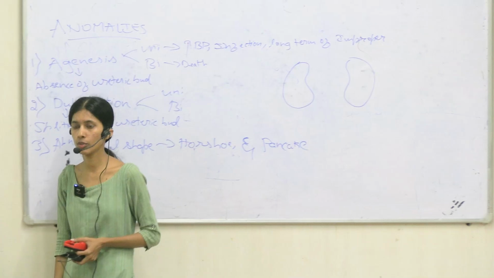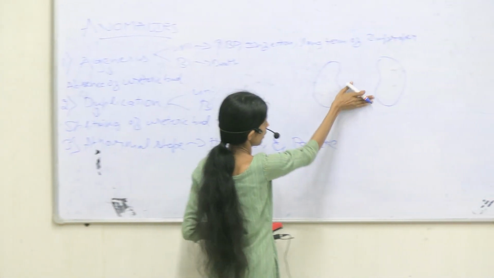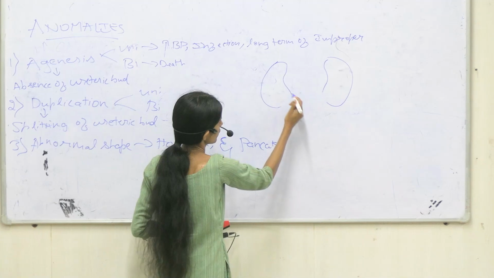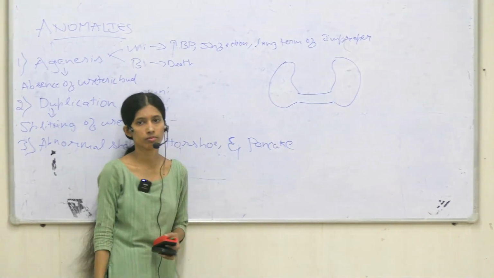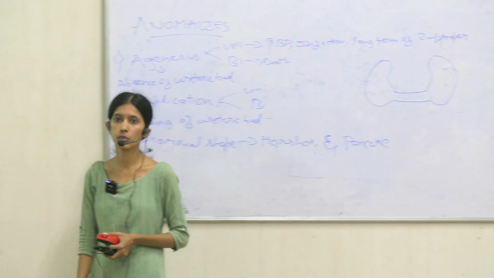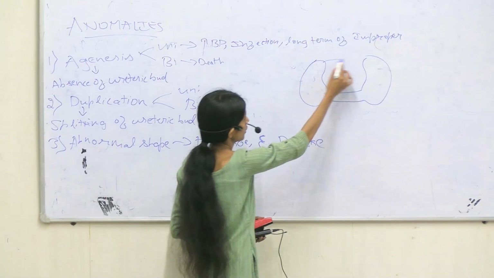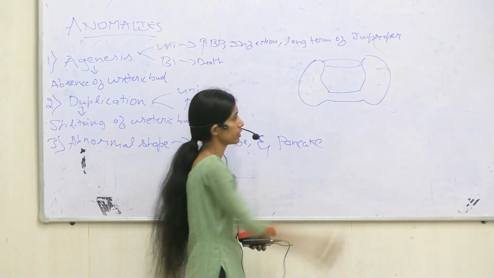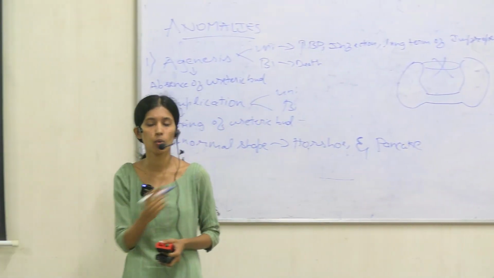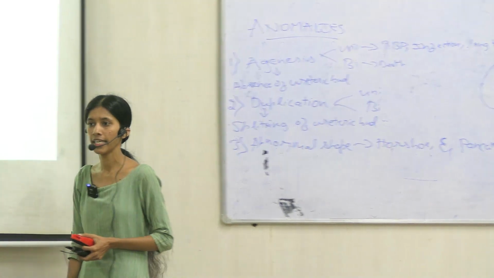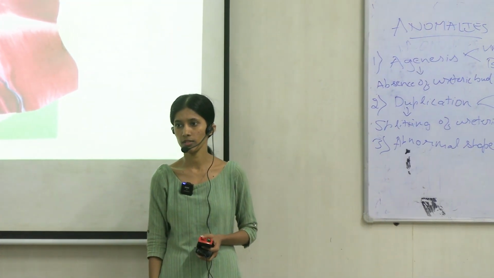During the development, the lower poles of the kidney will come closer and get attached with each other like this. This is called horseshoe kidney. Chances of your upper poles getting attached with each other are very less. It is a very rare condition. Mostly the lower poles will get attached with each other. This is called horseshoe shaped kidneys.